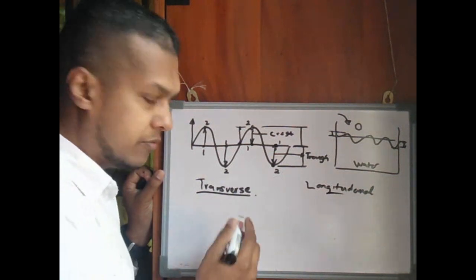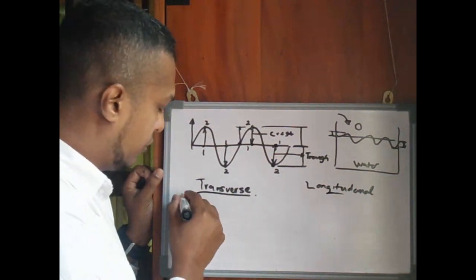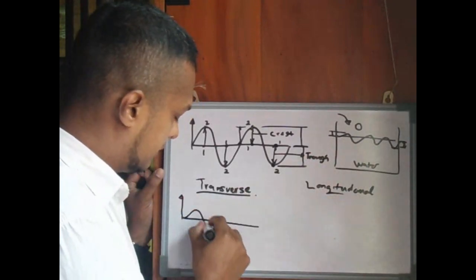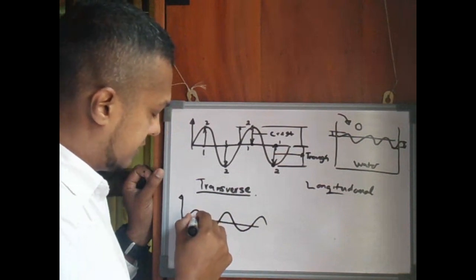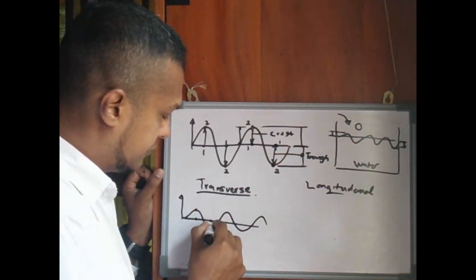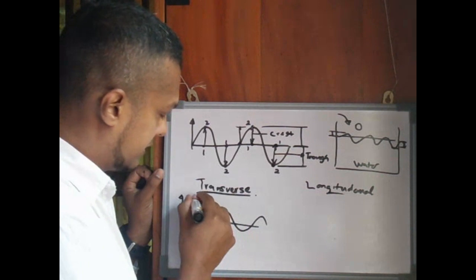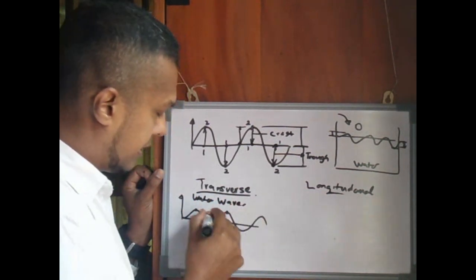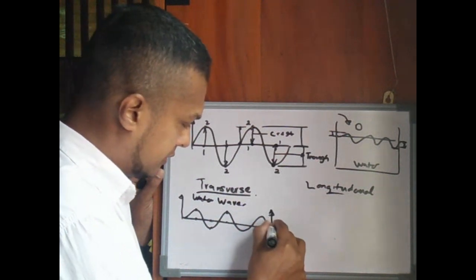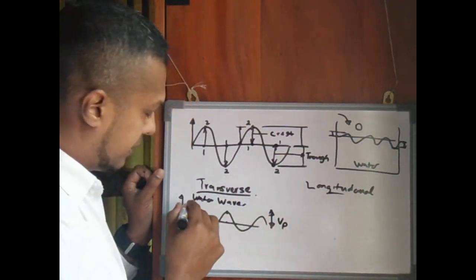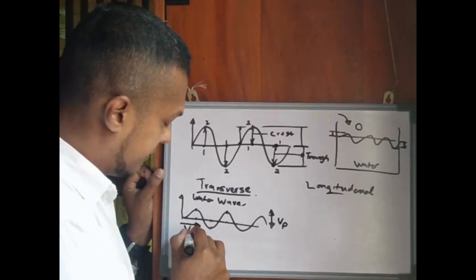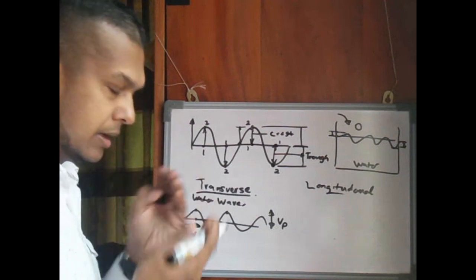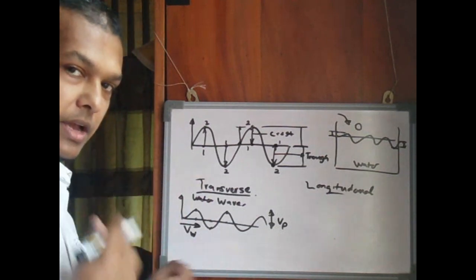So for example, a water wave moves like that. The particle moves up and down, but the wave velocity is in that direction. So it's two opposite directions, at a 90-degree angle.